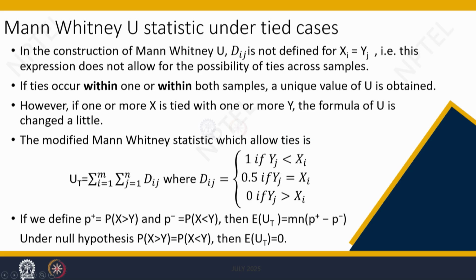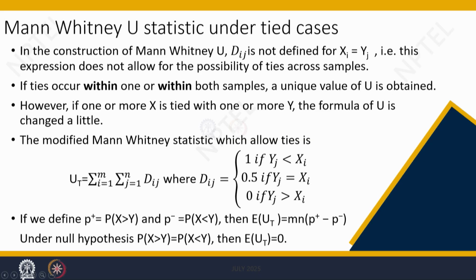Mann-Whitney U-test statistic under tied cases. In the construction of the Mann-Whitney U-test, probably you remember that we defined U in terms of Dij, and Dij was the indicator function. We defined Dij equal to 1 if Yj is less than Xi, and Dij equal to 0 if Yj is greater than Xi.